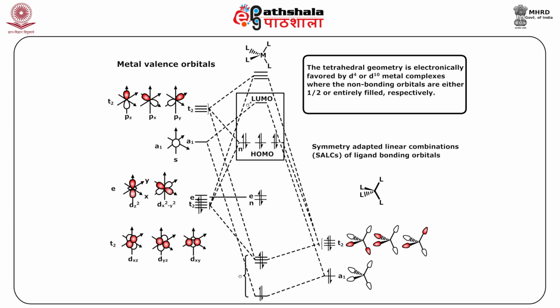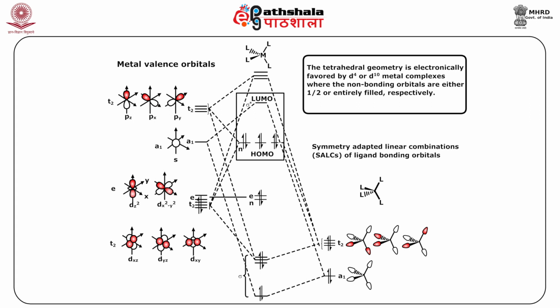It shows the bonding between the metal orbitals and the SALCs of ligands with proper symmetry. The Eg set of metal orbitals remain non-bonding since no ligand orbitals match their symmetry.